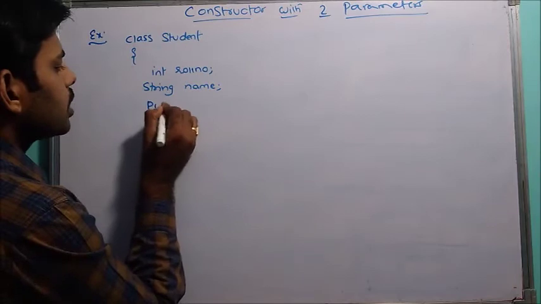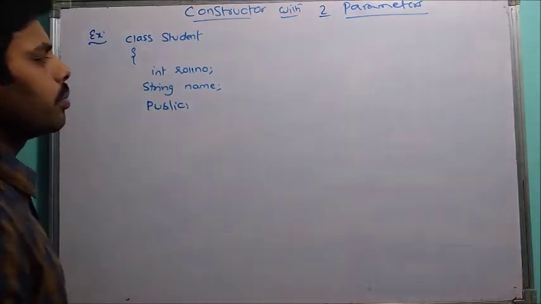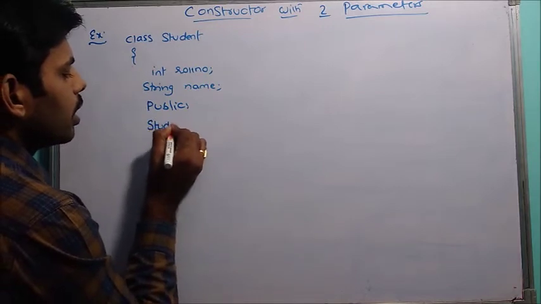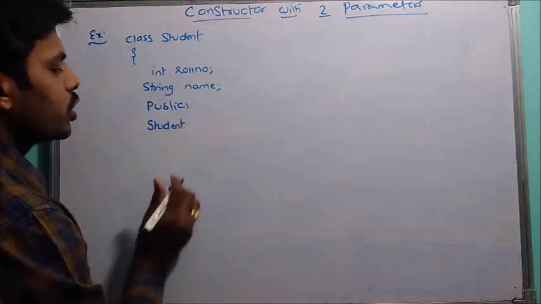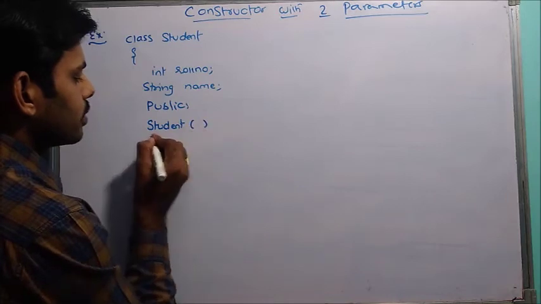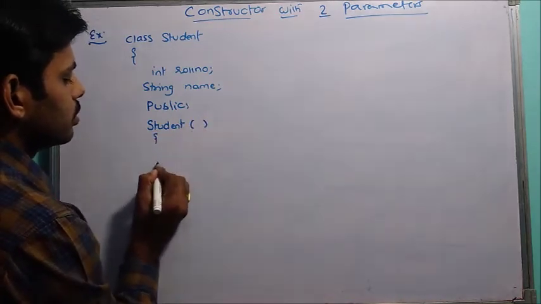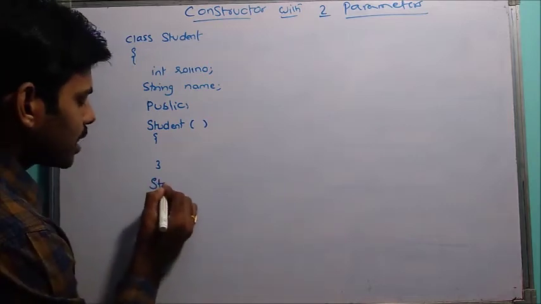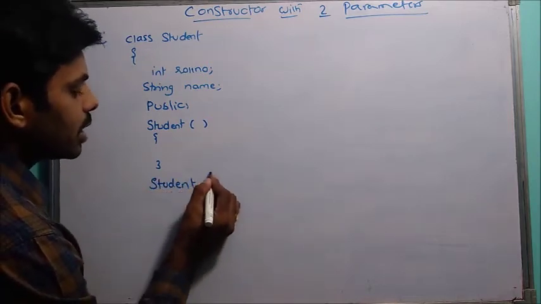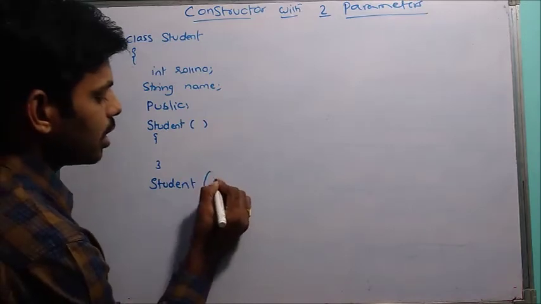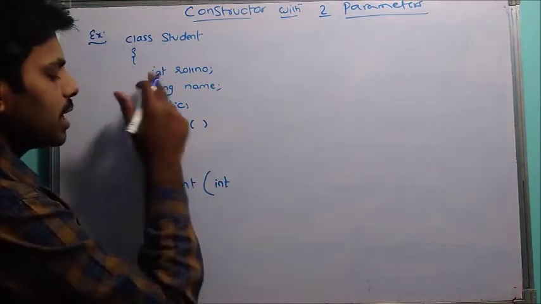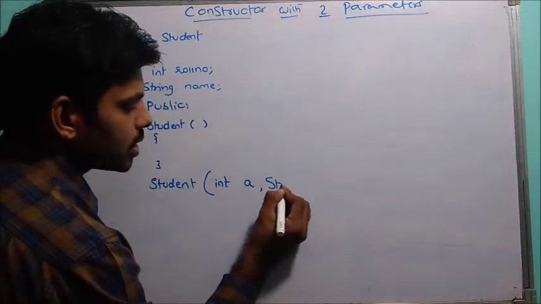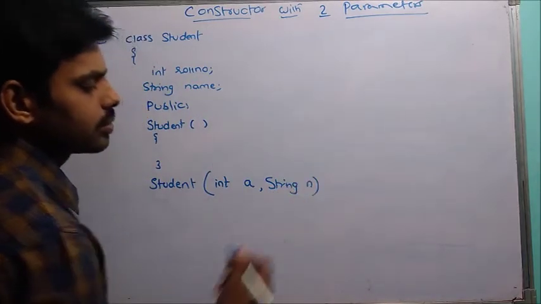In the public part, I am writing constructor function student. Simple. And one more constructor function with two parameters. One is of type integer, that is a, another one is of type string, that is string n.